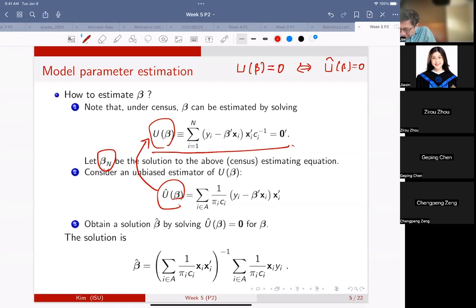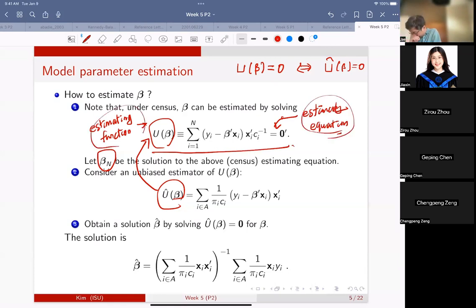In the literature, this is sometimes called the estimating function, and the equation is called the estimating equation. For the estimating function, we can construct the Horvitz-Thompson estimator by just changing the population summation to a sample summation, and then multiplying by 1/pi as the weight.